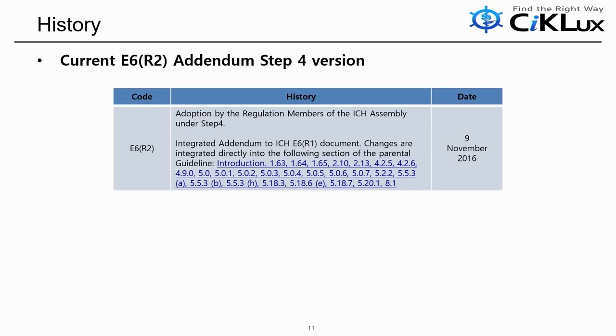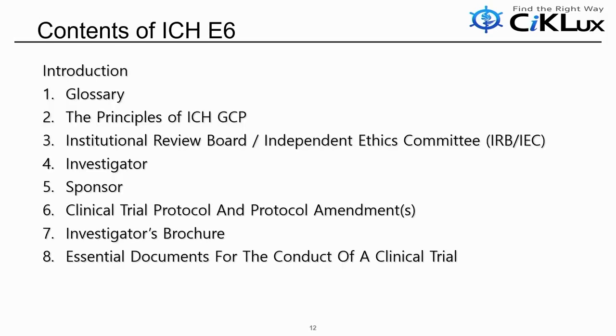So here the sponsor, which is 5.0, has a new chapter in R2. That was the biggest change in E6 when it comes to R2. So here you can see the chapter number and what the chapter is about. 1.63, 1.64 and 1.65 were added in R2, and these are under the glossary section.